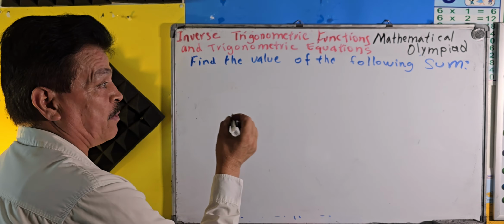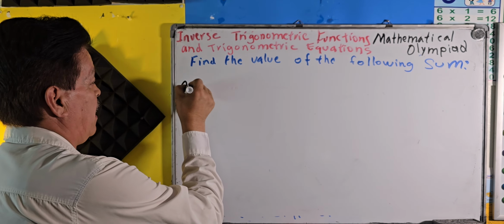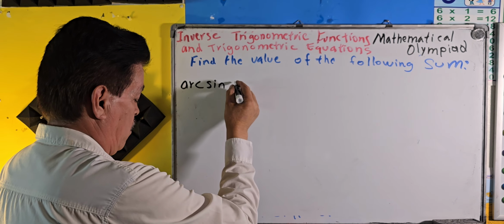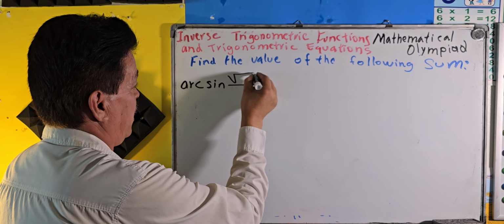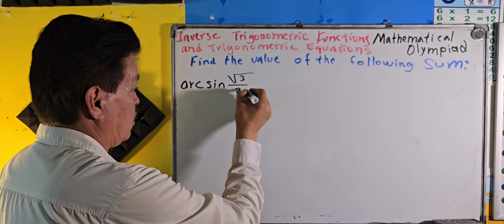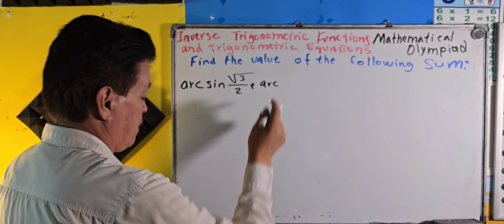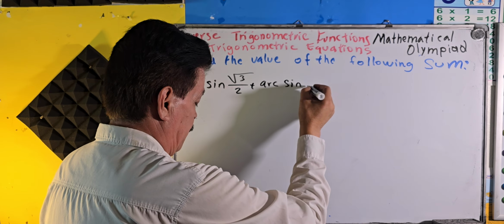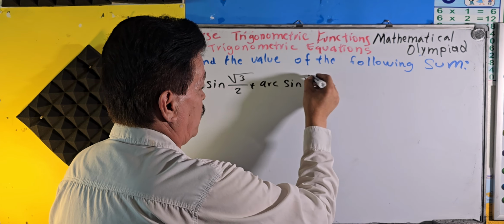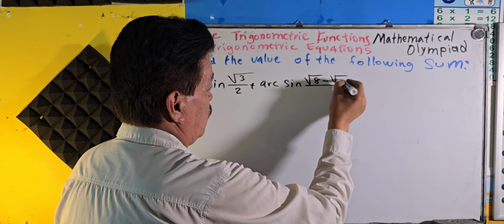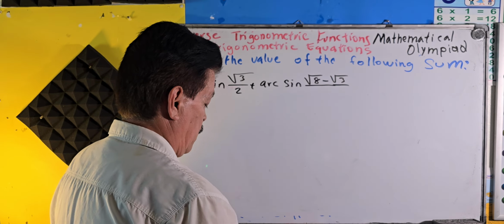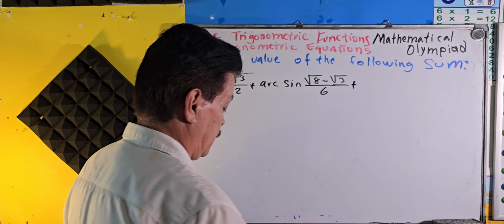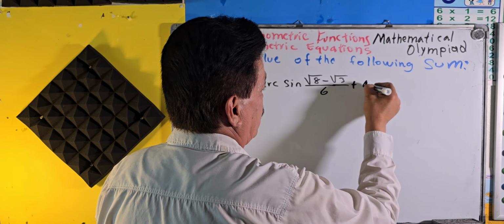It's a very complex problem, okay? So we have arcsine of square root of 3 divided by 2, plus arcsine of (square root of 8 minus square root of 3) divided by 6, plus arcsine of (square root of 15 minus square root of 8) divided by 12.